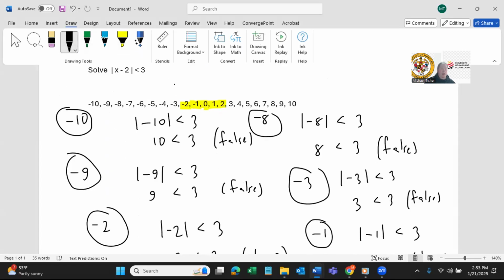And these are precisely all the numbers that are between negative 3, exclusive, and 3, exclusive. So let's use this idea to solve this inequality more directly.